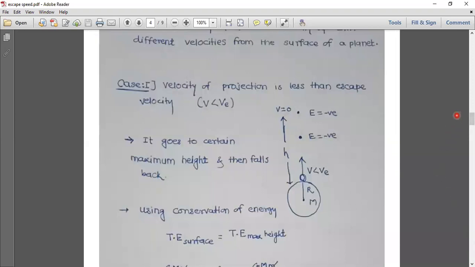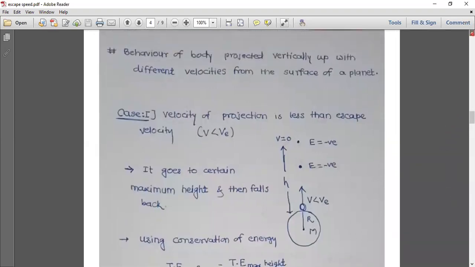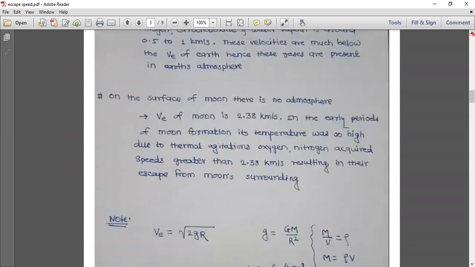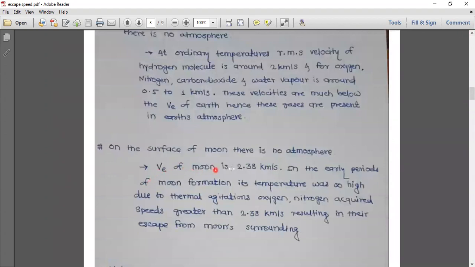On the surface of the moon, there is no atmosphere. The escape velocity of the moon is 2.38 km per second.